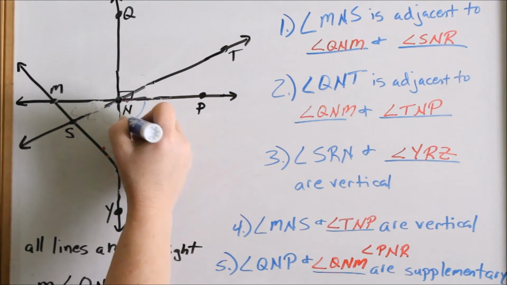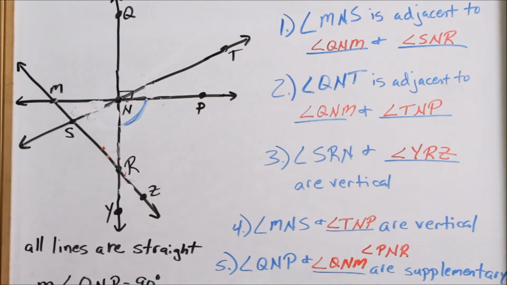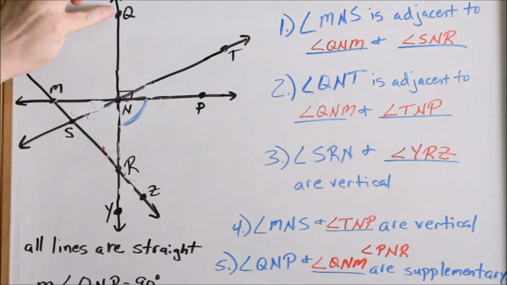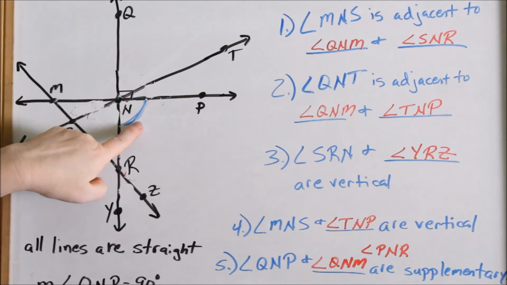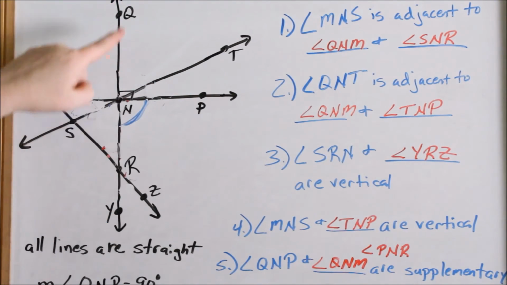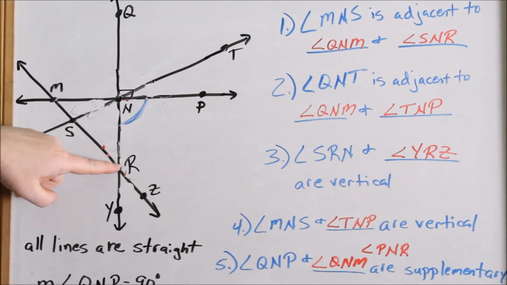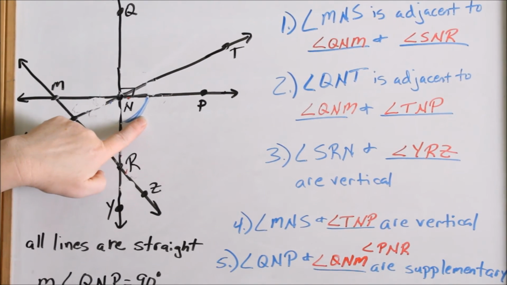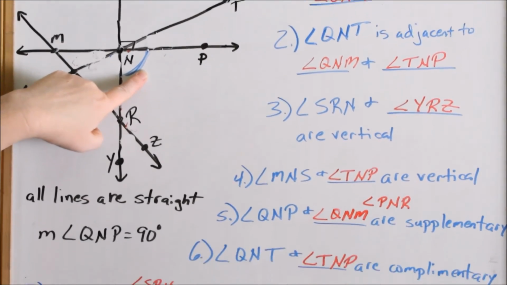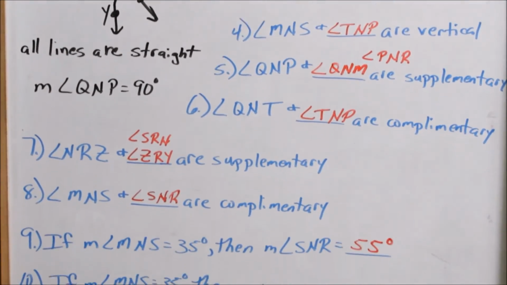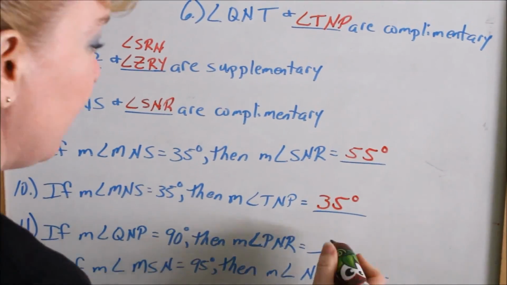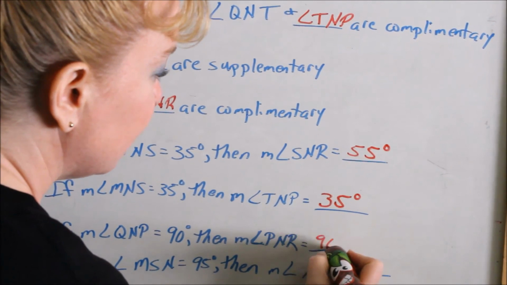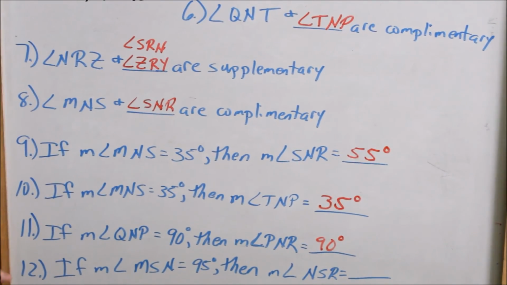PNR is that angle that I've marked right there. So QNP plus this angle form a straight line. A straight line is 180 degrees. So if we know this is 90, then this has to be 90 as well in order to add up to 180 degrees to form the straight line. So therefore we know that the measure of angle PNR is also 90.